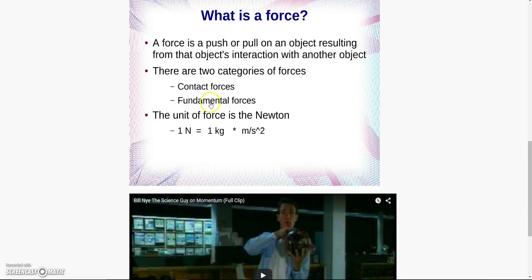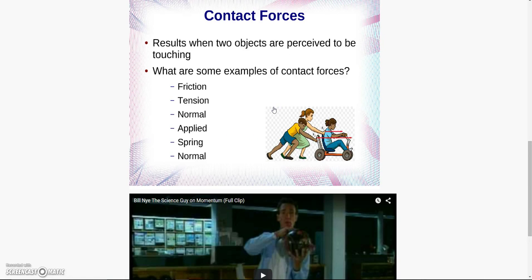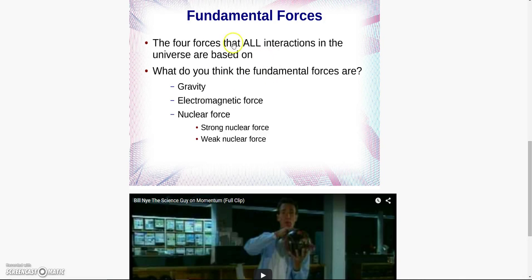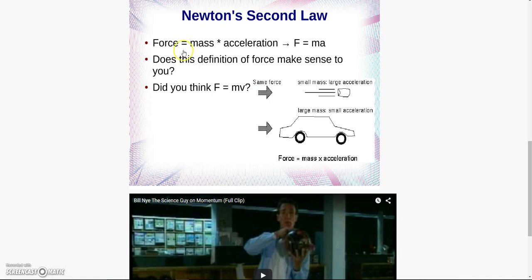I start off with what is a force. I have a conceptual definition here, and then I also have a more technical mathematical definition. I did break down forces into two types, contact forces and fundamental forces. Then I go on to Newton's second law, which is the crux of this whole unit: F equals ma, force is equal to mass times acceleration.